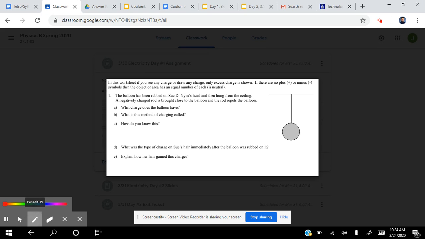Well, if we know that it is repelling the balloon, and we are using a negatively charged rod, what we know is that if I have a negatively charged rod, and it repels it, so these are going to be going away from each other, then this also must be a negatively charged balloon. This method of charging is called induction.